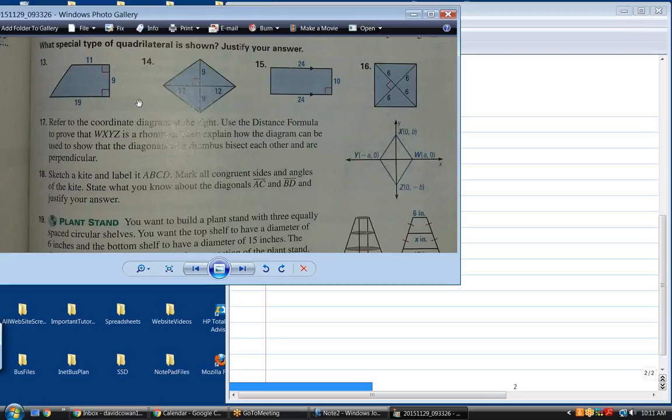Well, you need to be looking at your flashcards. To me, when I hear the word rhombus, first thing I think of is 4 equal sides. I don't think about the angles or any of that. I think about 4 equal sides when I have a rhombus.